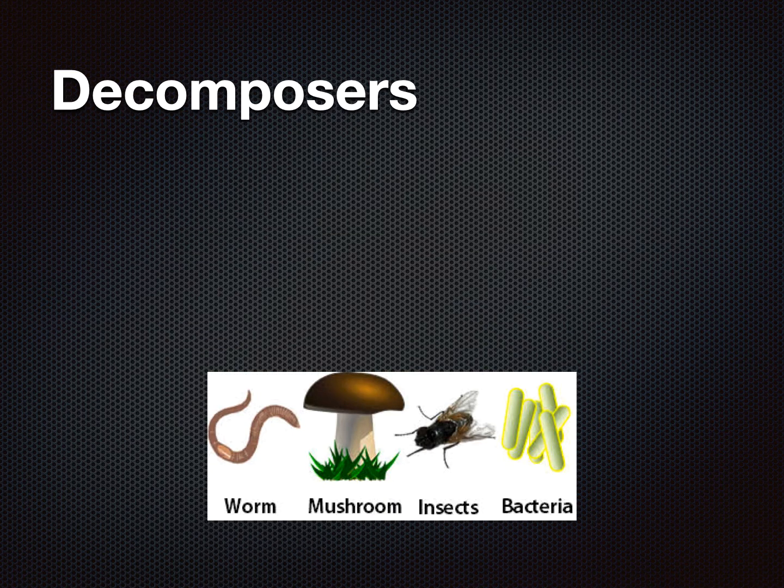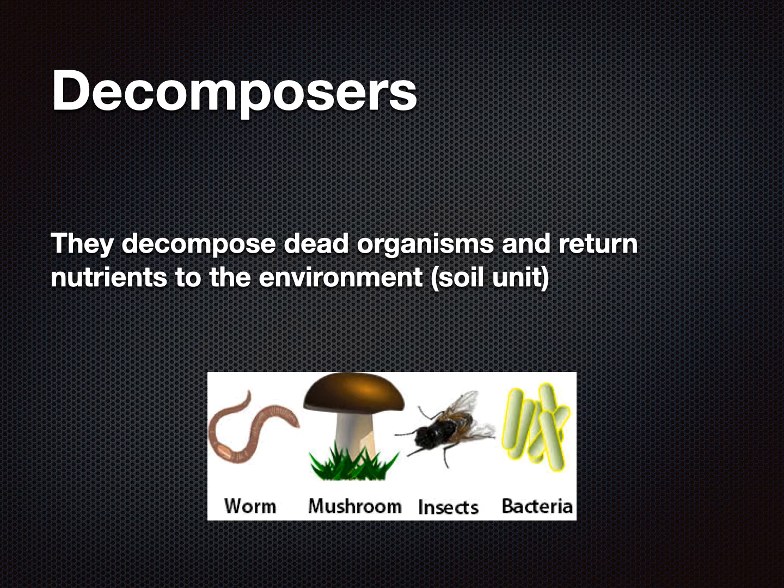And last but not least is my favorite, because people think they're gross, but I think they're fantastic: decomposers. They decompose dead things and return nutrients to the environment. We will address this in the soil unit in sixth grade. One of the factors in the soil unit is nutrients, and one of the ways the nutrients get there is by decomposers. These could be worms, mushrooms, insects.